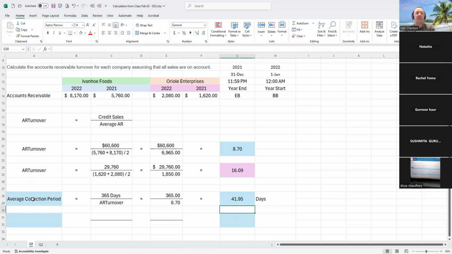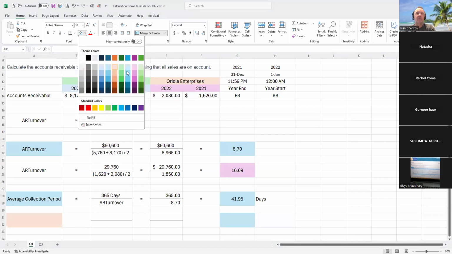What will the second company be then? Is it going to be the same or better? The formula will be the same, no questions about it. Days will be less: 365 divided by 16.09.